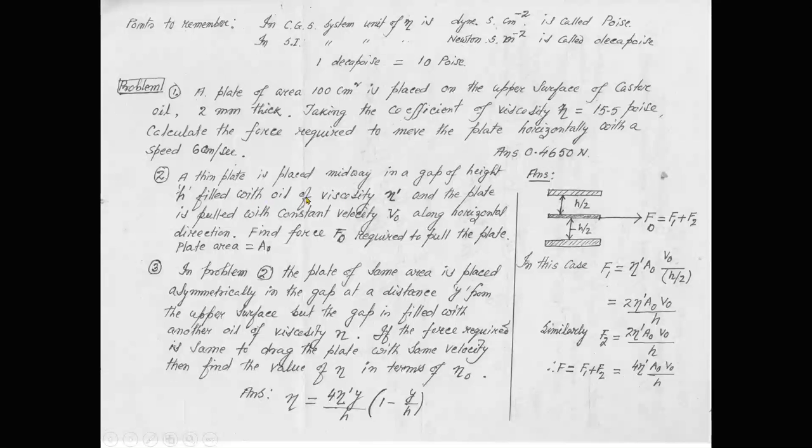The gap is filled with oil of viscosity eta prime, and the plate is pulled with constant velocity v naught along the horizontal direction. Find the force F naught required to pull the plate of area A naught.